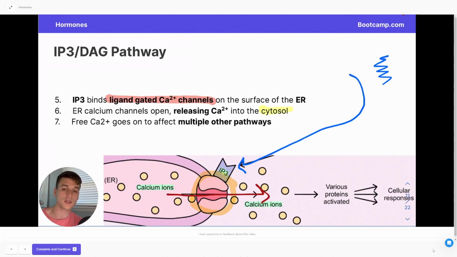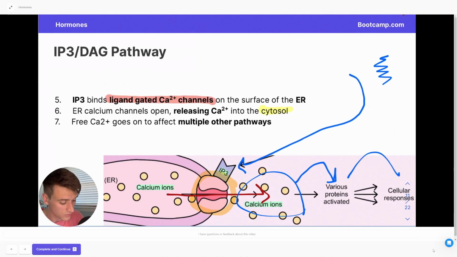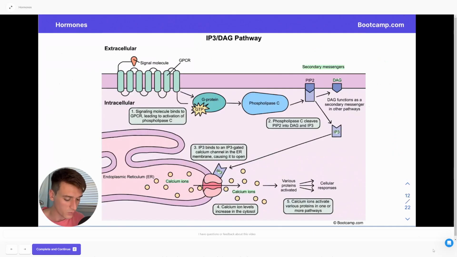Now what happens next is a perfect example of why signal transduction pathways are so efficient. Remember, we just started with one interaction between a peptide hormone on the outside of a cell and a receptor. Yet now somehow we have all of these free calcium ions that are going to go on to affect a bunch of different proteins that are going to go on to affect a bunch of different cellular responses. And we can really appreciate that when we take a look at the bigger picture.